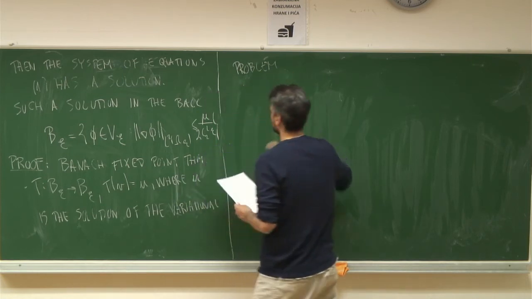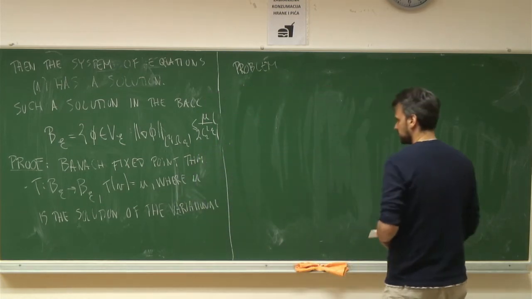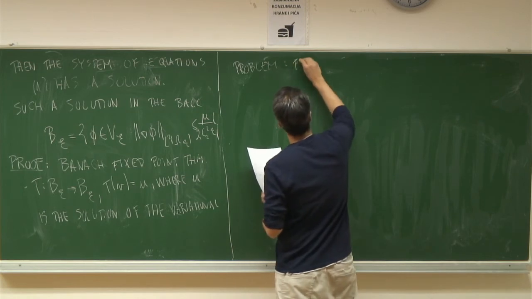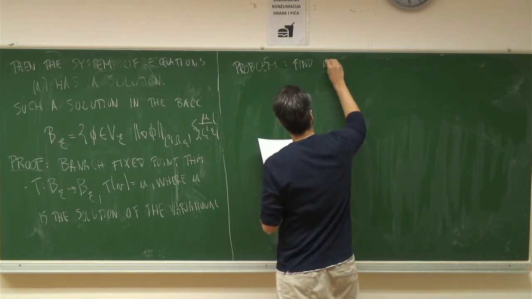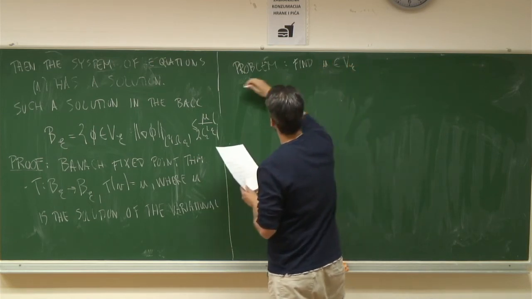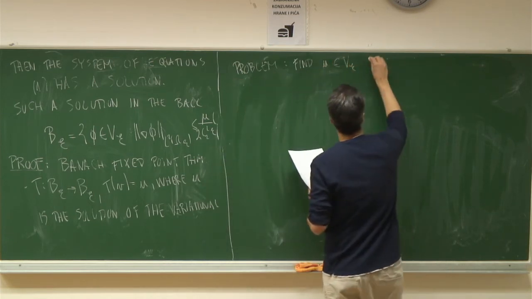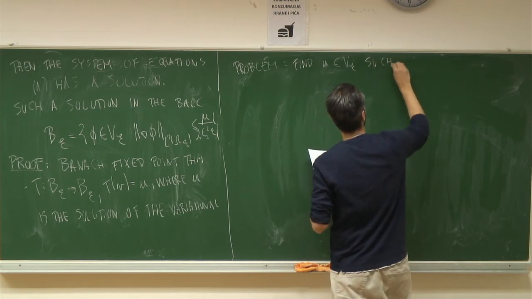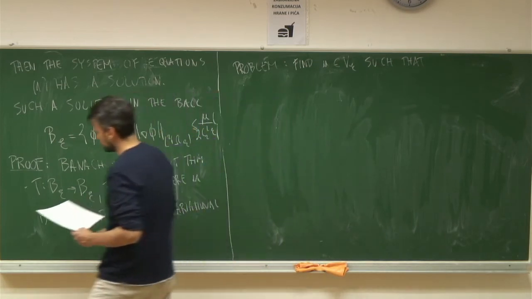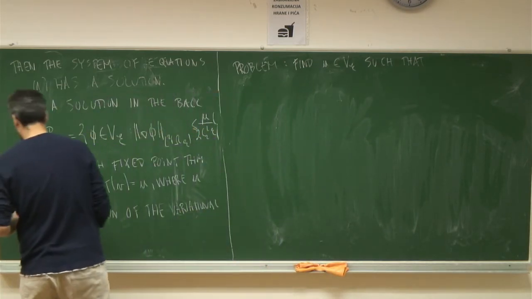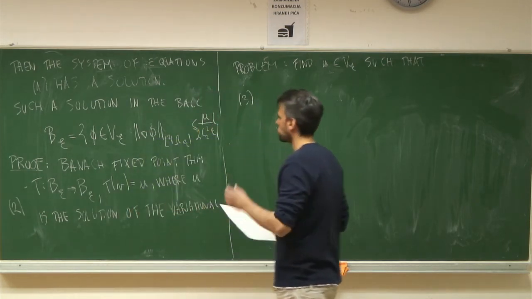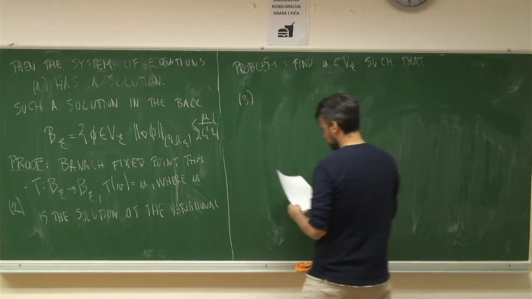We already had this basically, but let's recap it. So find u in V epsilon such that, let's just denote this by 2. So you had this variational formulation, but let's recap.